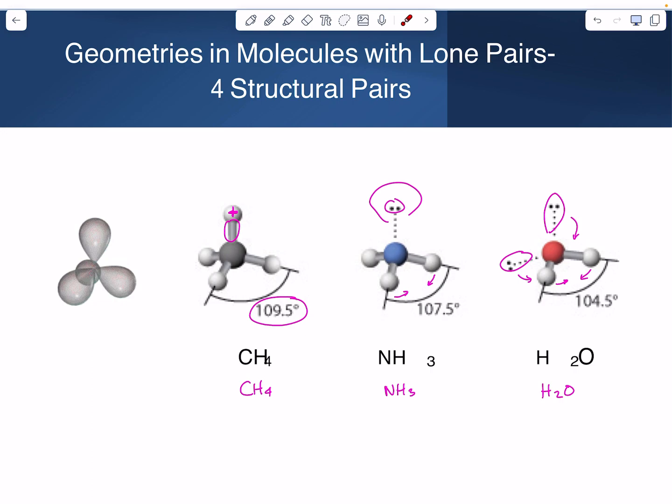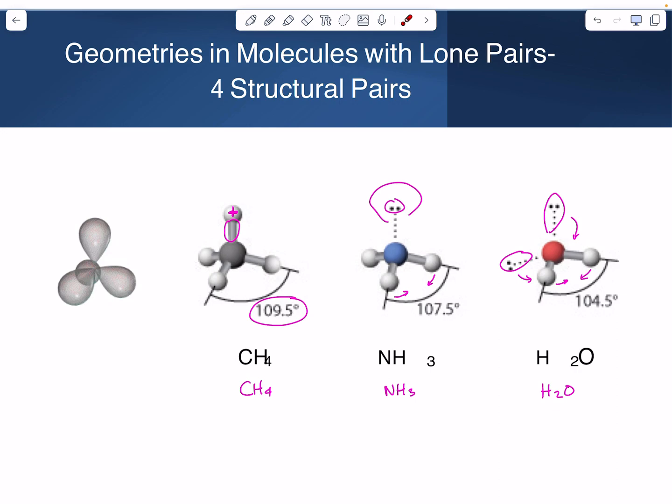If we look at examples where we still have 4 things attached to our central atom, but some of those things now become lone pairs, we start with the tetrahedral geometry. But because these lone pair electrons don't have another nucleus to be attracted to, their position in space is more diffuse.